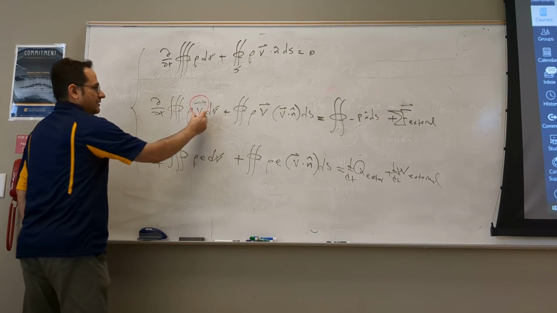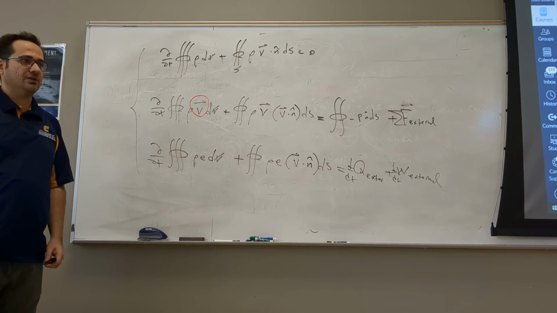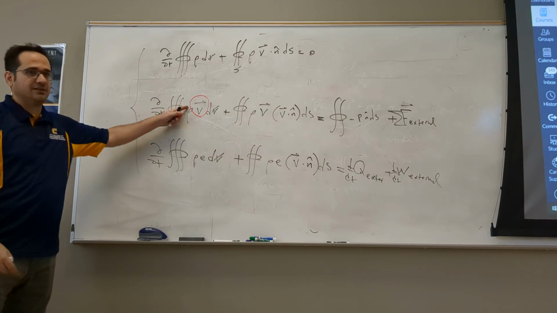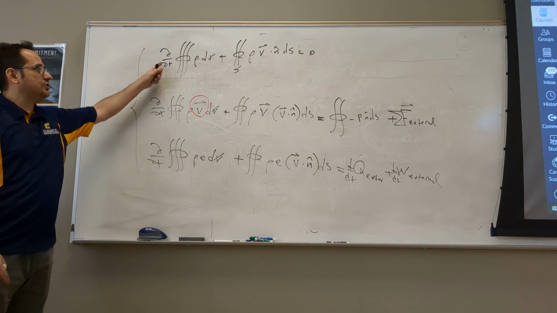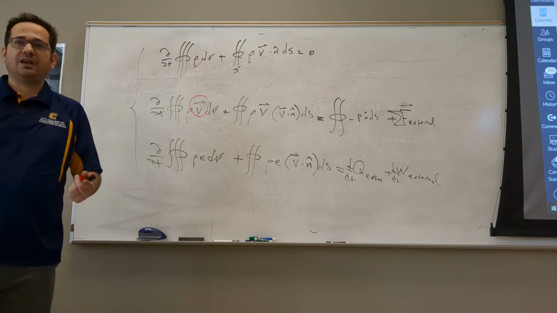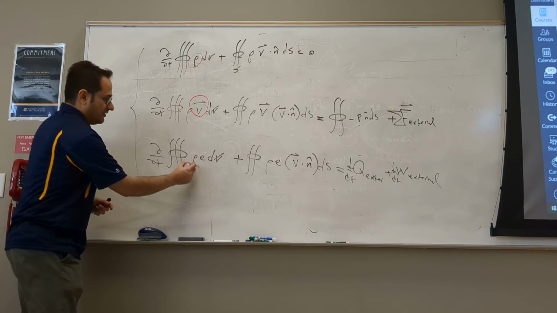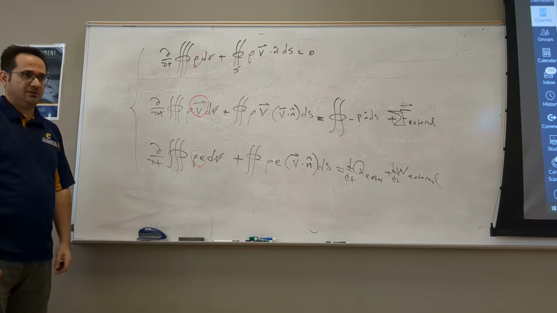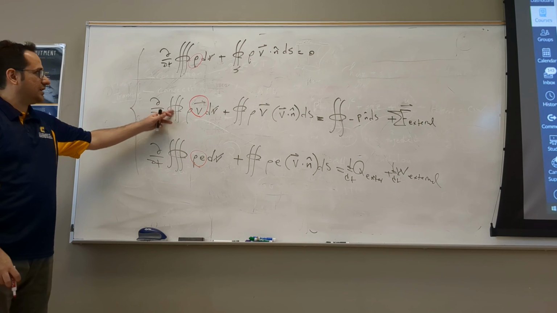What is this? It's a vector. So you have u, v, w, 3 components. So how many equations is that? 3. How many equations is this? 1. This is always 1, right? It's a scalar. And this one is also a scalar, 1. So there are 5 equations: 3 here, 4, 5.